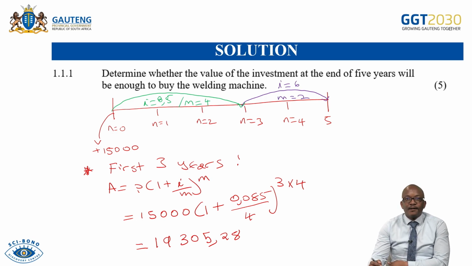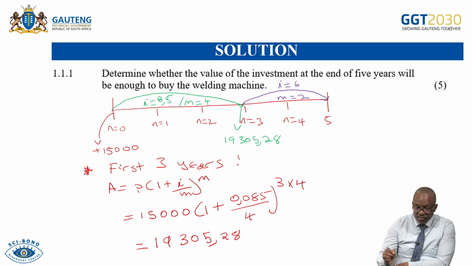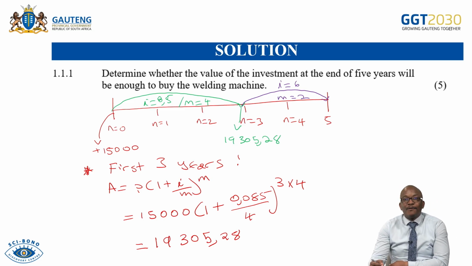Correct? Now it means for the first 3 years, the amount that is there is going to be 19,305.28. That is the amount that we are having at the end of the 3rd year.